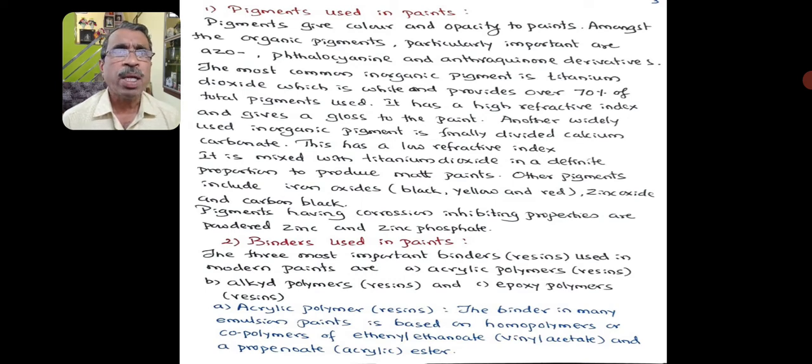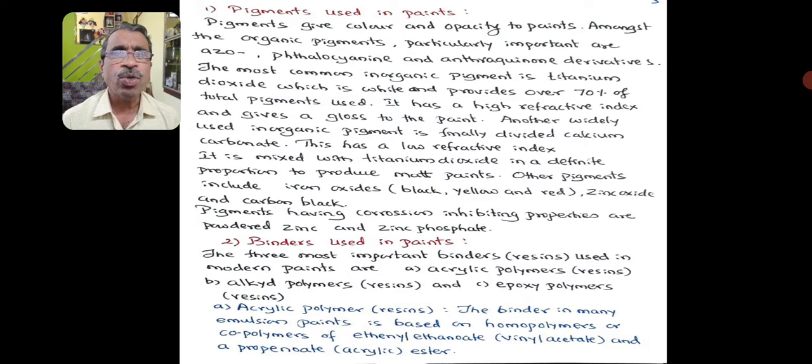The most common inorganic pigment is titanium dioxide, which is white and provides over 70% of total pigments used. It has a high refractive index and gives a gloss to the paint.